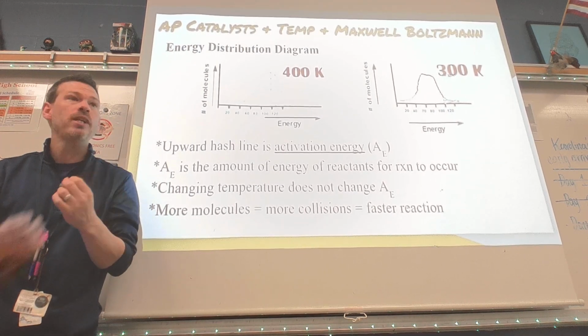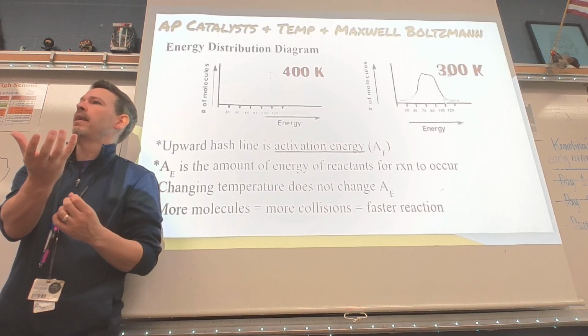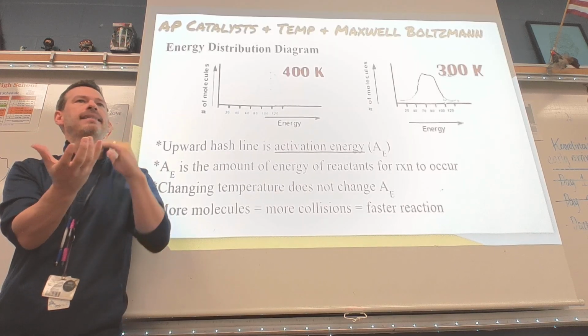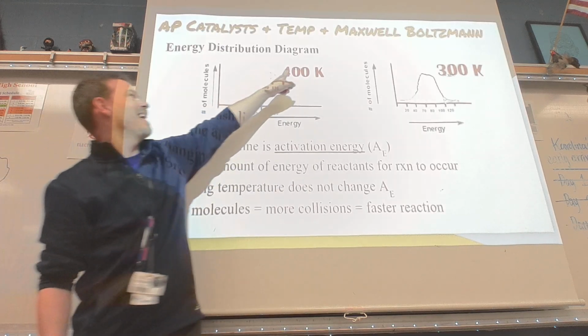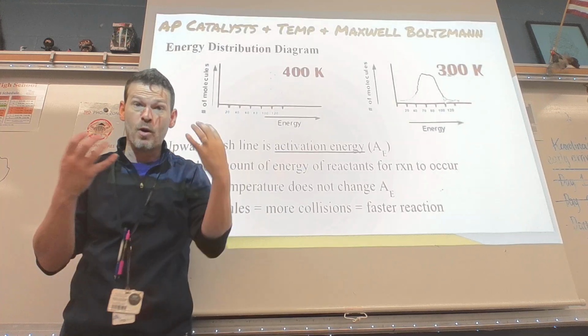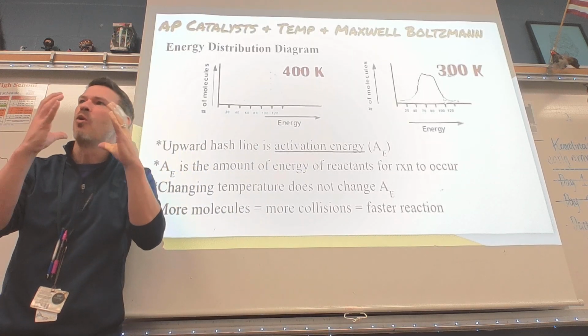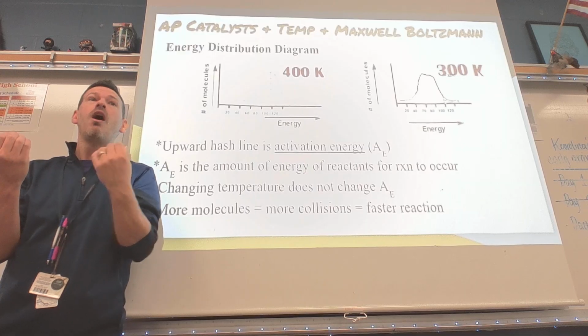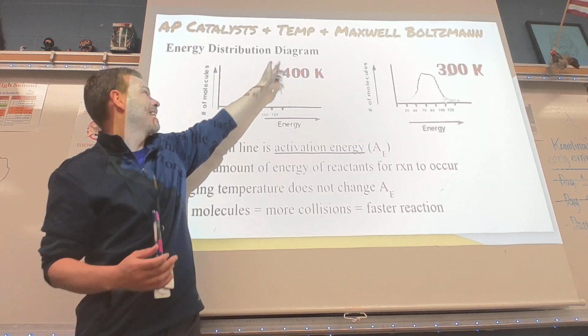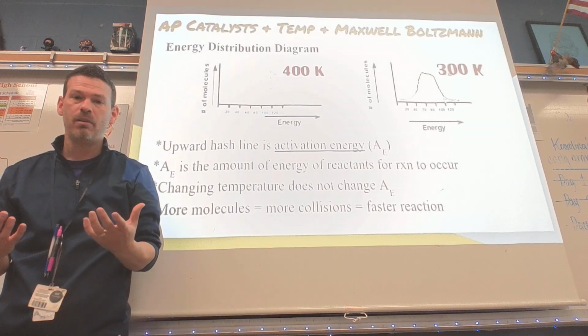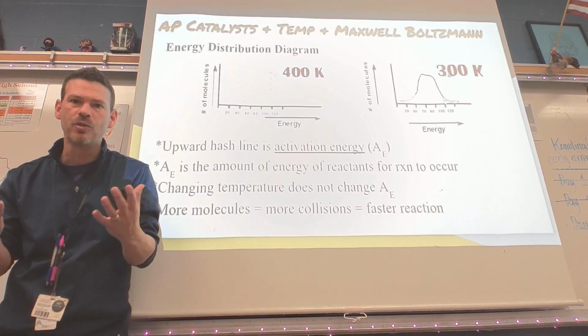The activation energy is a value, a quantity of energy the reactants have to have to react. When it's hotter, there's more energy in the environment, and the reactants are able to absorb more energy. Therefore, more of them can hit that activation energy because they possess more energy.